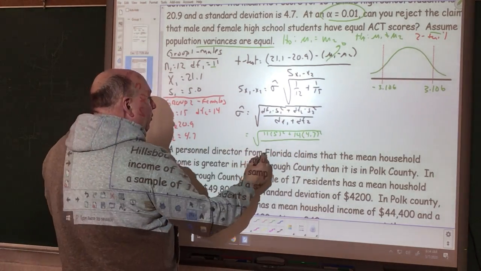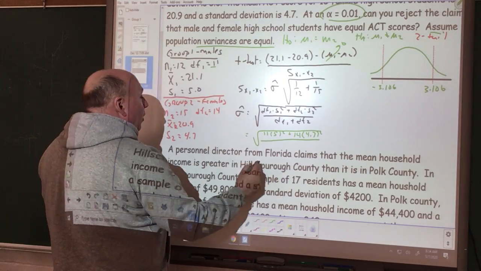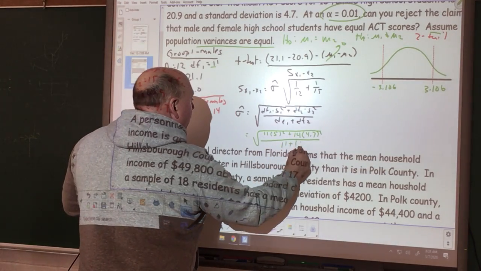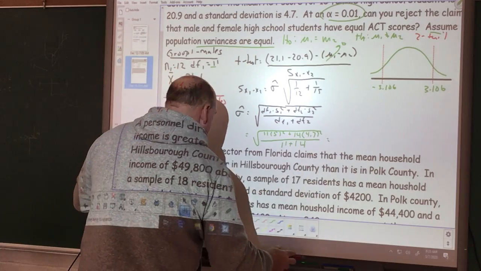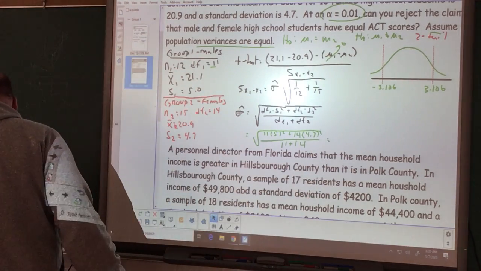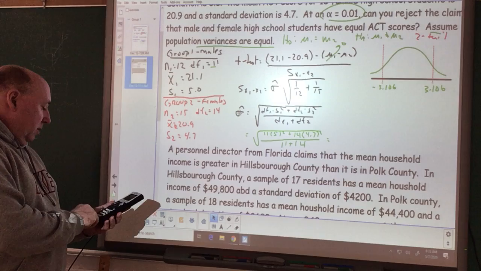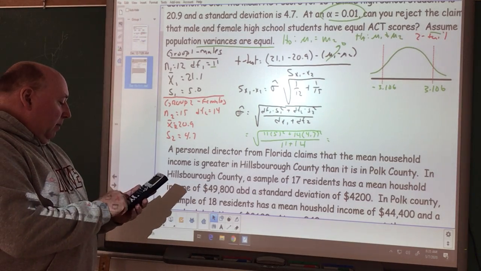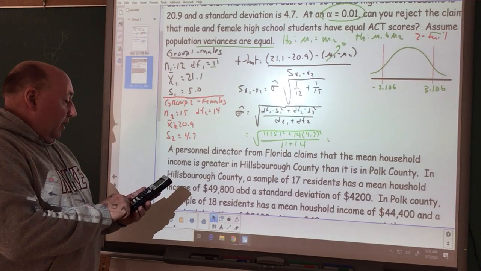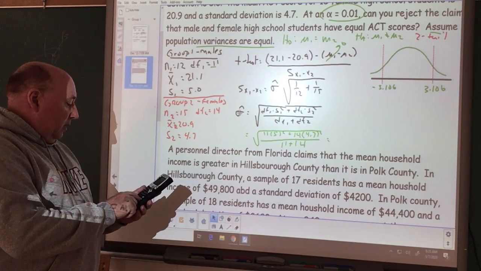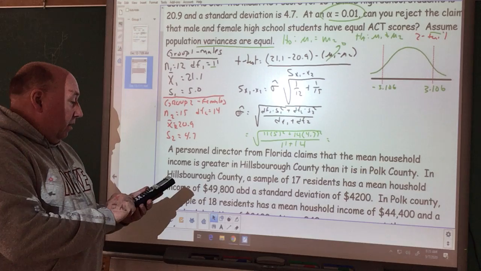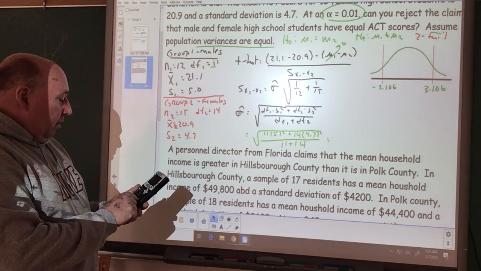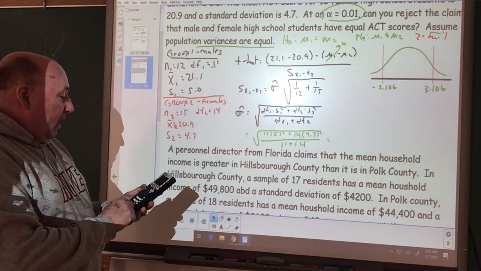And this is all over degree of freedom 1, which is 11, plus 14. So on top we have 11 times 25 plus 14 times 4.7 squared. And we're going to divide that by 25.